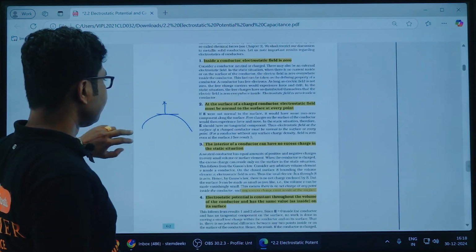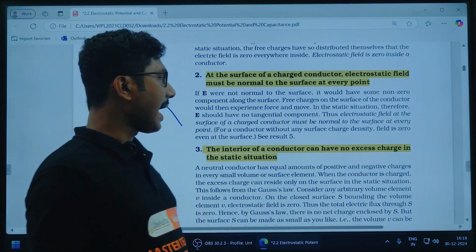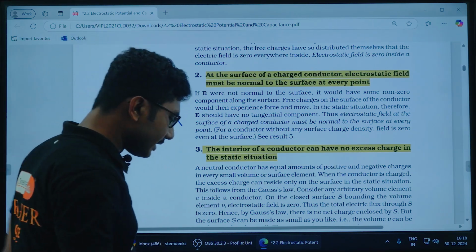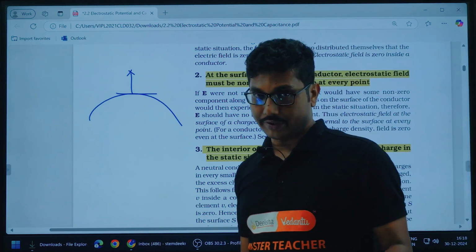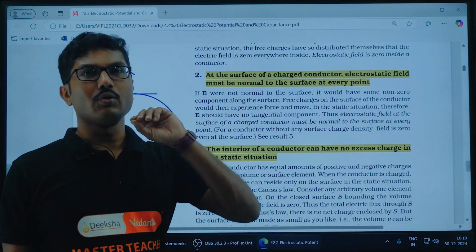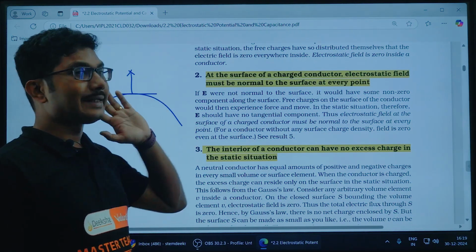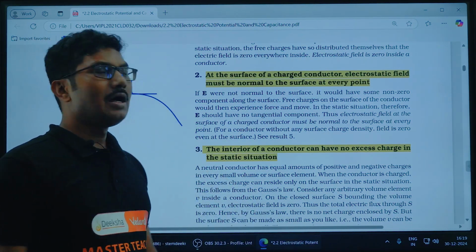Okay, clear? Next, the interior of a conductor can have no excess charge in the static situation. Static situation means there is no current flowing through it. Okay, static situation is basically when no current is flowing through the conductor. In that case, it cannot have any excess charge inside the conductor.